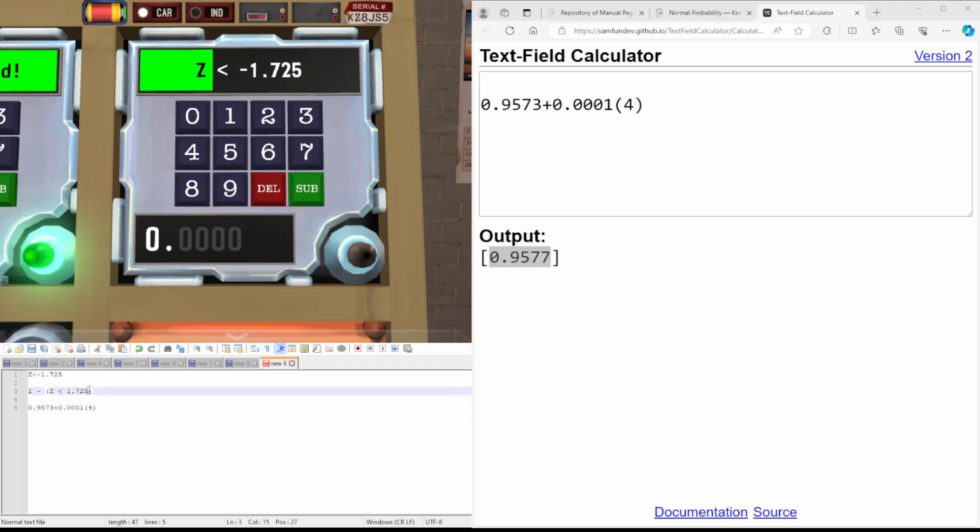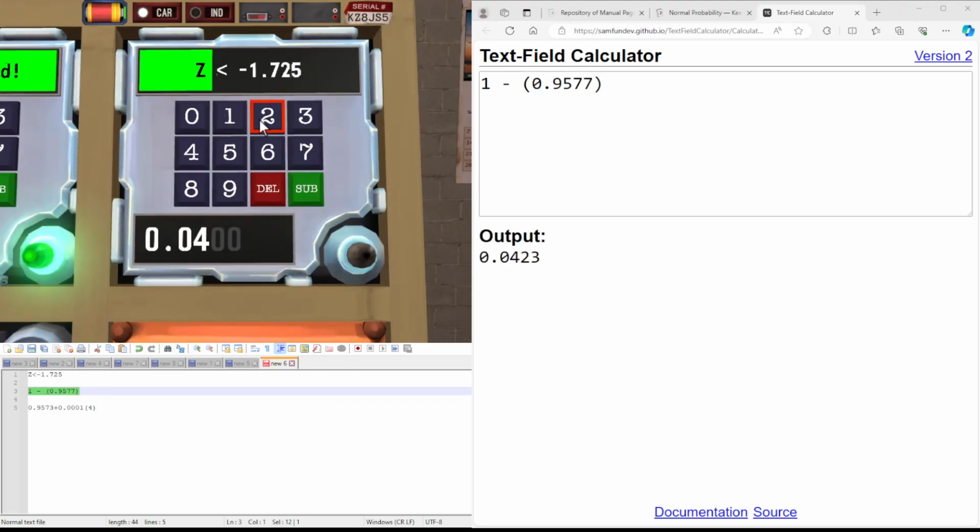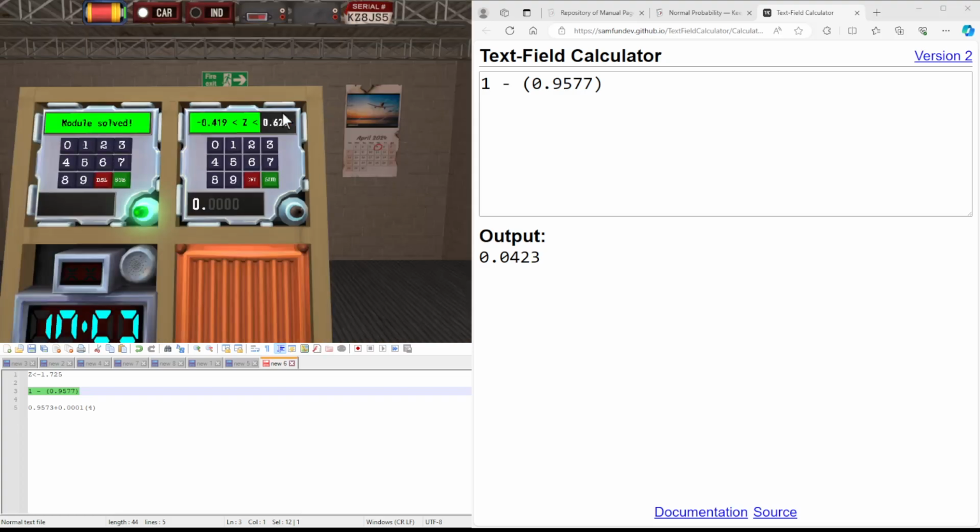But of course, that is less than it, so we then have to subtract it. So we get 0.0423, and then we get this part again.